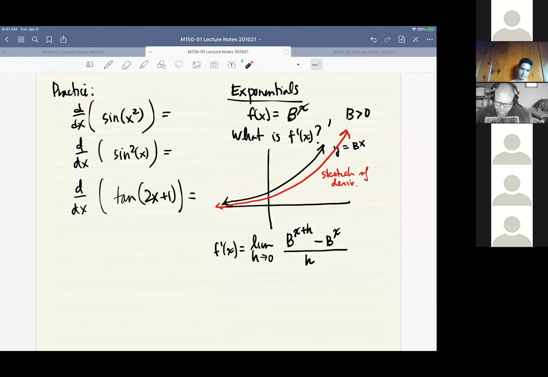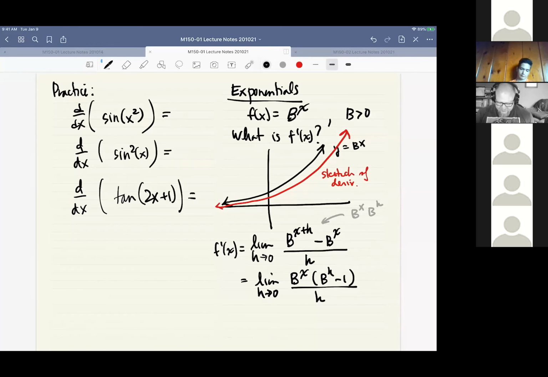And by the law of exponents, b to the x plus h is the same as b to the x times b to the h. So in my numerator, I've got a common factor of b to the x. I can pull that out. So this is the same thing as the limit as h goes to 0 of b to the x times b to the h minus 1 all over h.